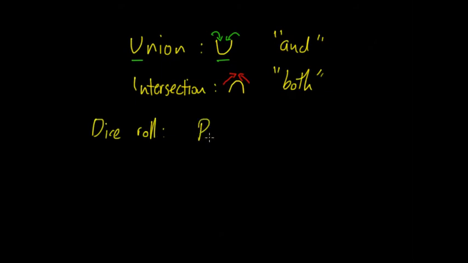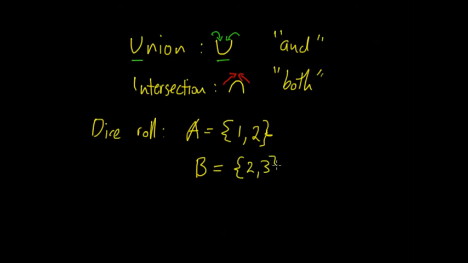So I'm going to say the sample space, and A is a subset, and A is going to include 1 and 2. When you roll a dice, you can get a 1, 2, but you could also get the other numbers. B is going to include 2 and 3.